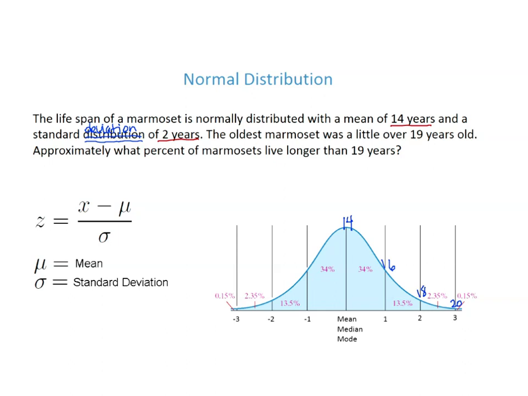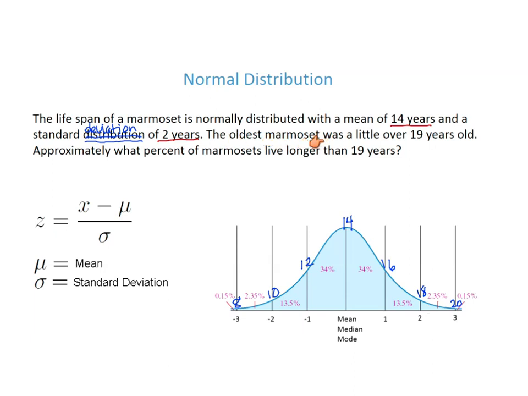And then I could go back the other way, subtracting 2 each time, 12 and 10 and 8. And it says the oldest marmoset was a little over 19 years old, which would fall in this area. And this 2.35, by the way, it's just pointing to this whole area is 2.35, not just that spot.